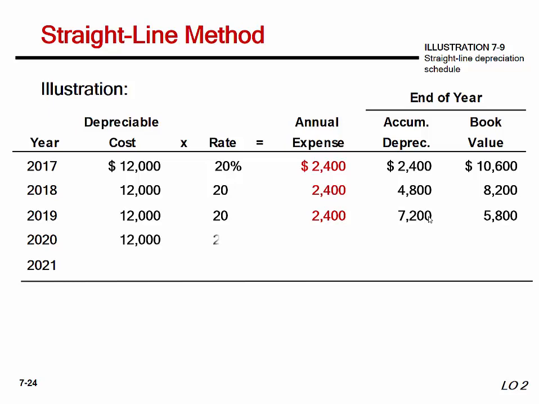Doing it again for the 4th year, we would have another journal entry. Increase depreciation expense, 2,400. Increase the accumulated depreciation hyphen equipment yet again by another 2,400. And we would be sitting at 9,600 in that account. Our book value would be historical cost of 13,000 minus that 9,600, leaves us with a book value of 3,400.